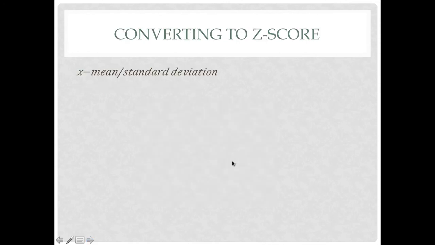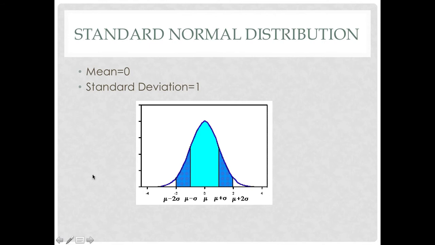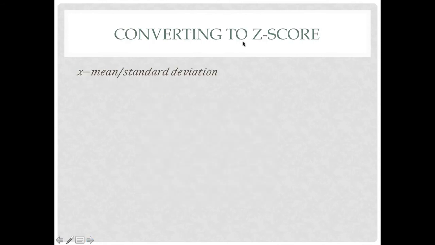So as I referred to, we take our data and we're going to convert it to this standard normal distribution. How we're going to do that is by figuring out what's called a z-score. For a z-score of a certain piece of data, you take that score, subtract the mean, and then divide it by the standard deviation.